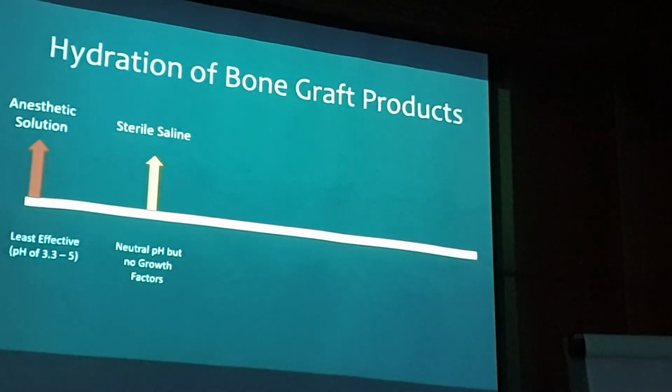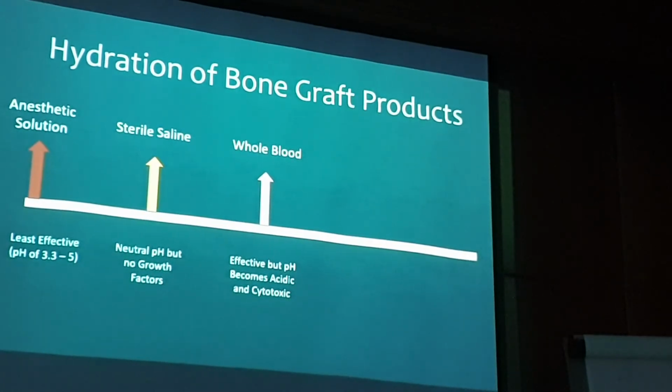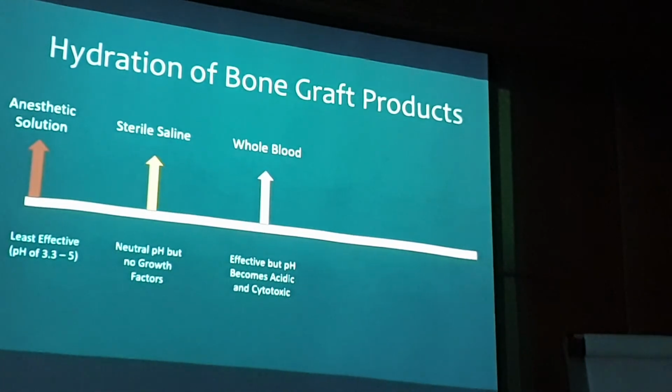Now, for some bone graft materials, they tell you, do not hydrate this graft material with saline, especially if you're using TCP, too quick a resorption and release of calcium. They tell you only hydrate with whole blood, because it's physiologic neutral.